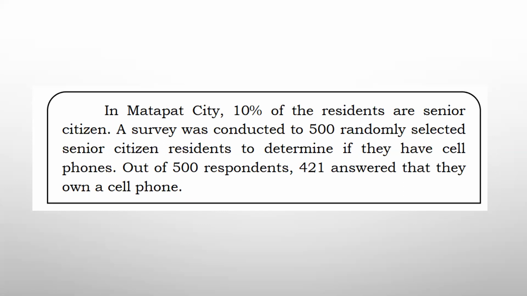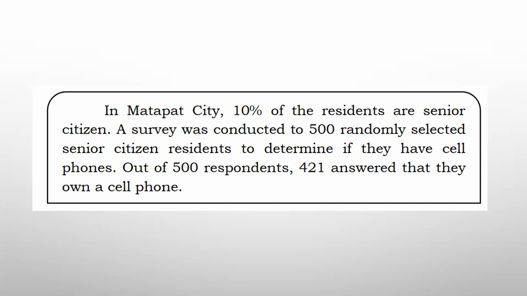Ngayon, kung titingnan natin ito, hindi given dito ang number ng population. Walang sinabi ditong population. Pero ang binigay nila ay ang population proportion. Bakit po ang sabi? In Matapat City, 10% of the residents are senior. So sinabi agad nila na 10% out of yung buong population ay senior.